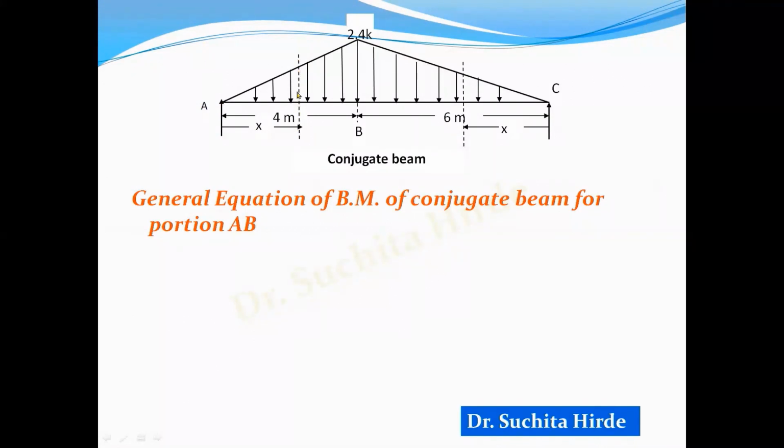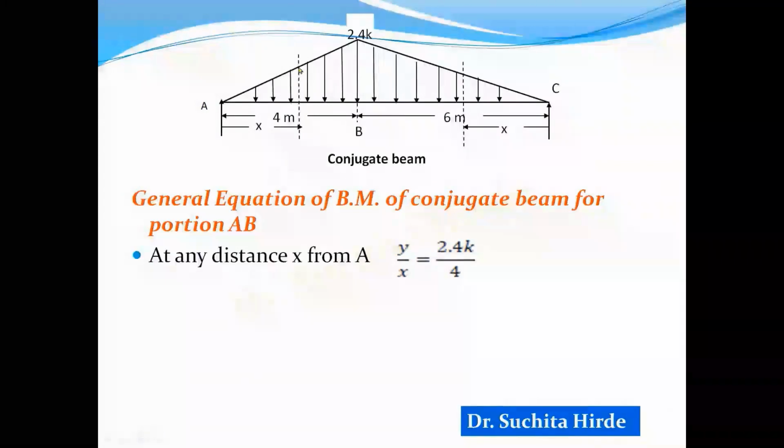You know that bending moment is equal to force into perpendicular distance. Now at this section, if you consider the left side, the forces are this reaction into this distance, minus this triangular force multiplied by the distance from the CG. So let us see how we can calculate.